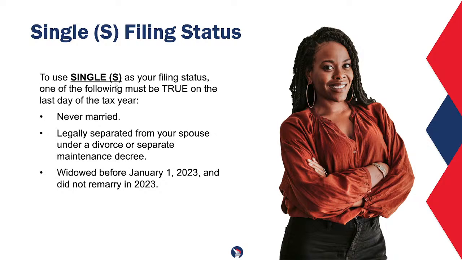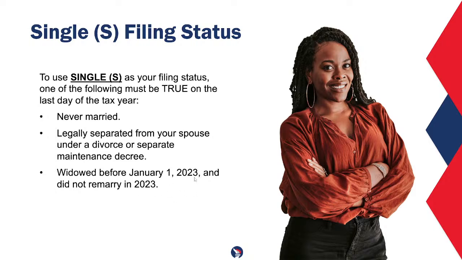To use single as your filing status, one of the following must be true as of the last day of the tax year. You were never married. You were legally separated from your spouse under a divorce or separate maintenance decree. Or you were widowed before January 1st of, let's just say 2024 for this particular case, since this is the tax year that we'll be dealing with, and you did not remarry.